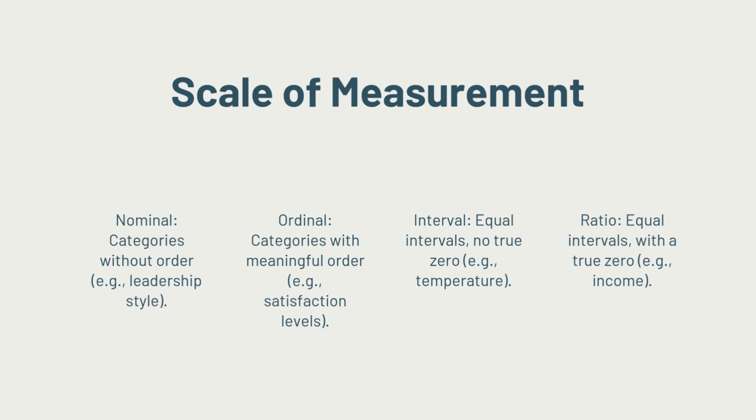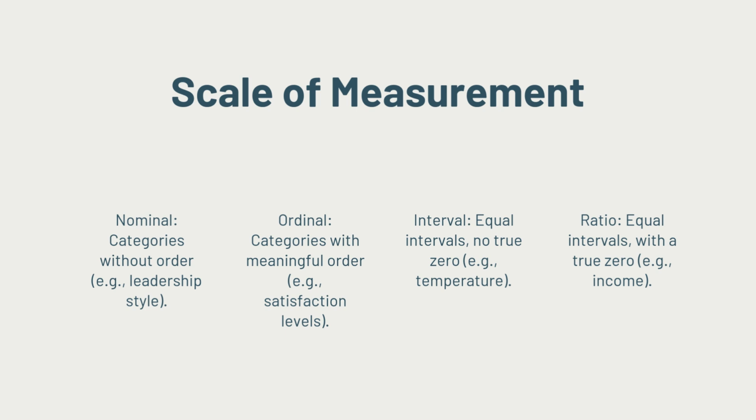Here, data is categorized, but there is a meaningful order or ranking among the categories. For instance, you might rank employee satisfaction as low, moderate, or high. However, the intervals between these categories are not necessarily equal. So again, with ordinal scale, there's some type of order or ranking.